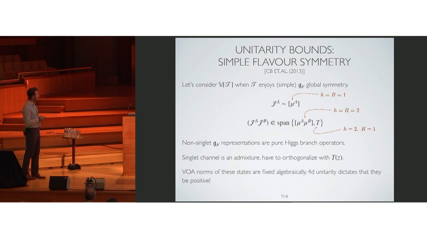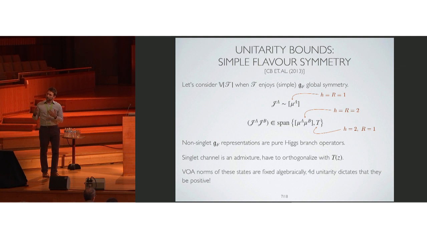So this is some weird admixture of operators that live in different superconformal representations. In particular, the stress tensor is a G singlet. So if I project this thing onto non-G singlet representations, then I'm going to get things that can be purely interpreted as Higgs branch operators in four dimensions. But in the singlet channel, I get some admixture. And if I want to get something which is pure Higgs branch, I'm going to have to orthogonalize with respect to the stress tensor.